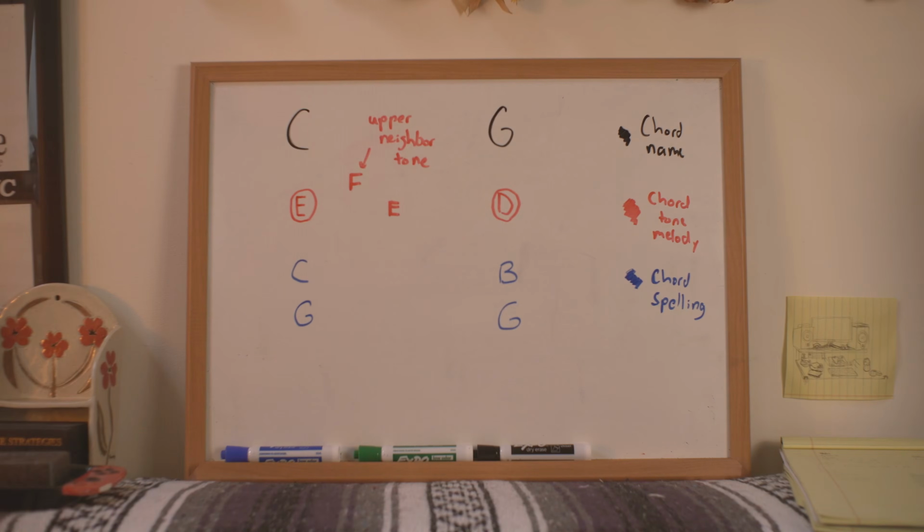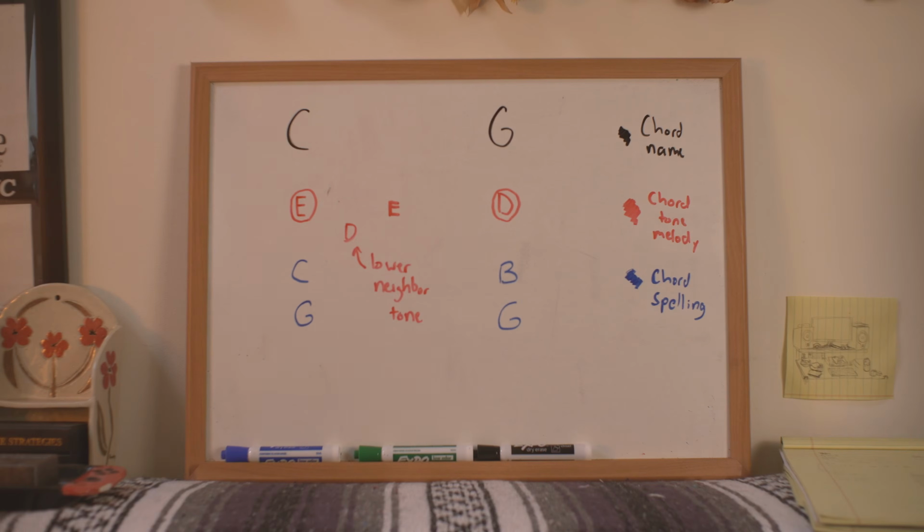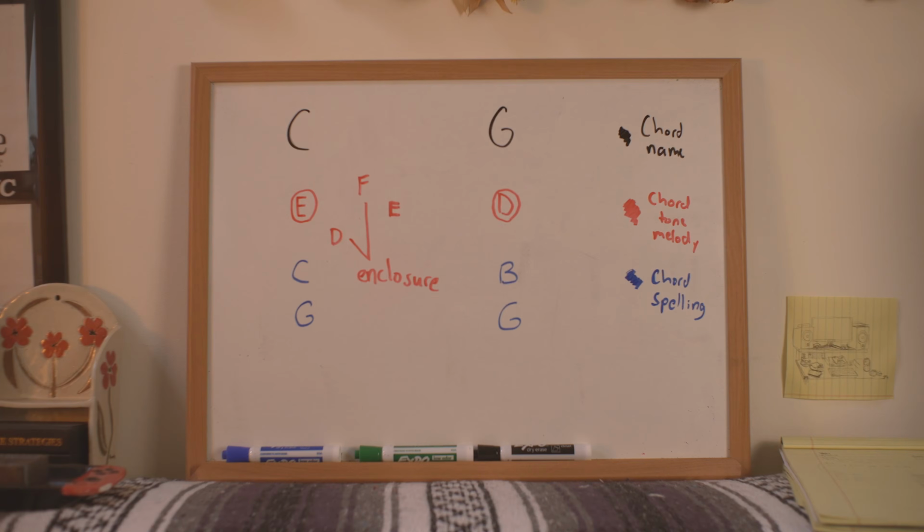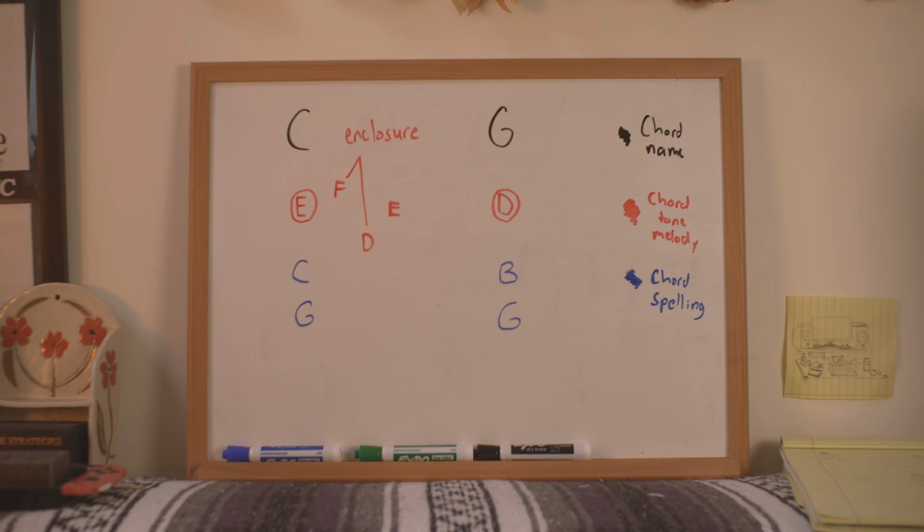So you could do E, F, E. That would be one example of a neighbor tone. You could also do E, D, E. That's the other. And if you wanted to make it an enclosure, you could do like E, D, F, D, or E, F, D, E. Those would both work as neighbor tone options.